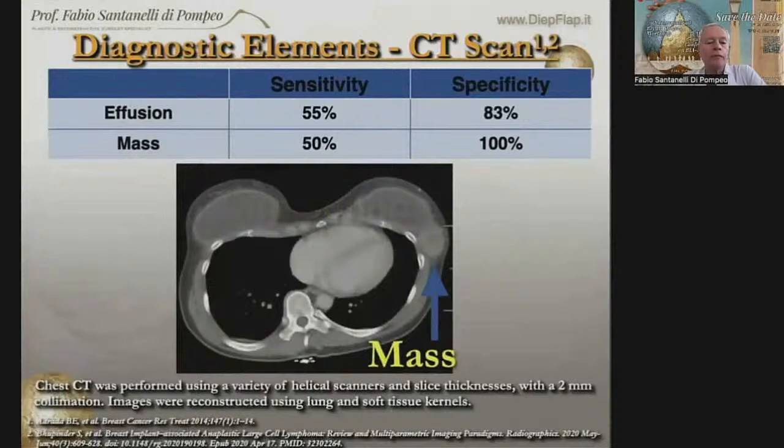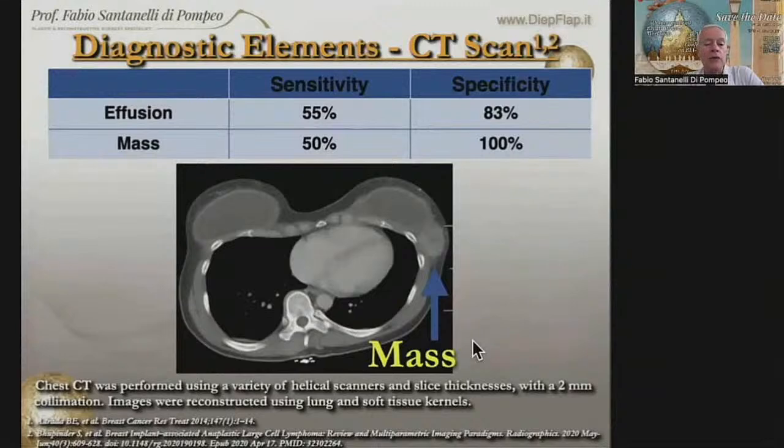So if we look at the capacity of the CT scan, we see that it's excellent for the specification of the mass. So we can exactly understand true negative mass, and it's quite good also for the effusion. Nevertheless, we can see that the image from the CT scan clearly detects this mass in continuity with the periprosthetic capsule.